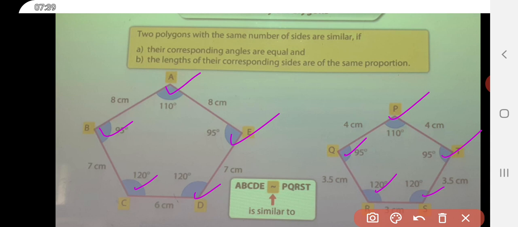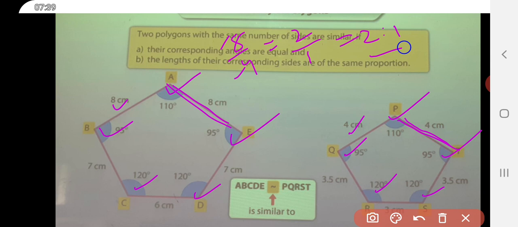Here you see this side 8, here 4. So 8 by 4 is 2. Here you see 8, here 4. So 8 by 4 is again 2. Or you can write 2 by 1, that is 2 is to 1. So the ratio of AE and PT is 2 is to 1.